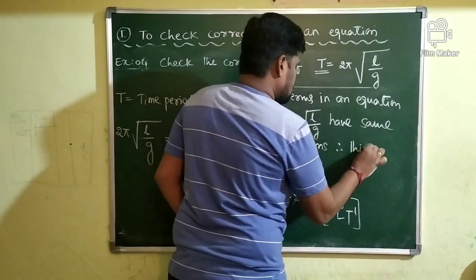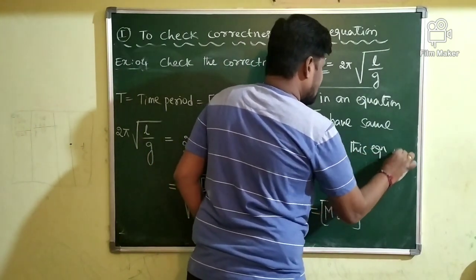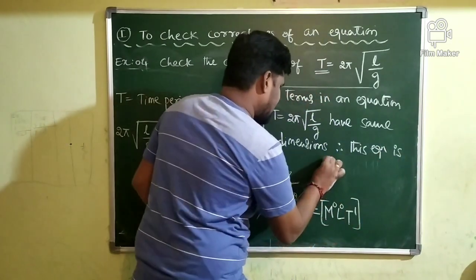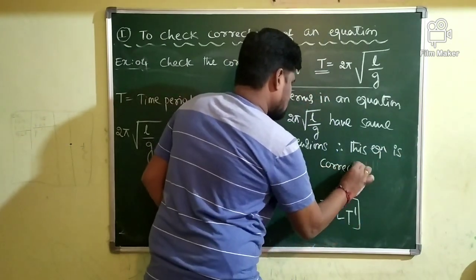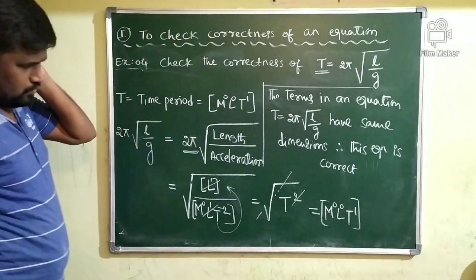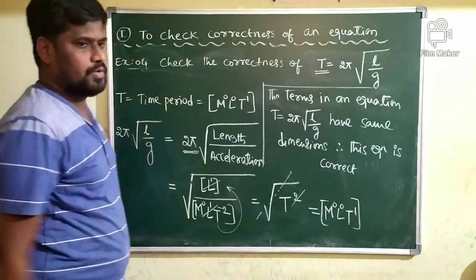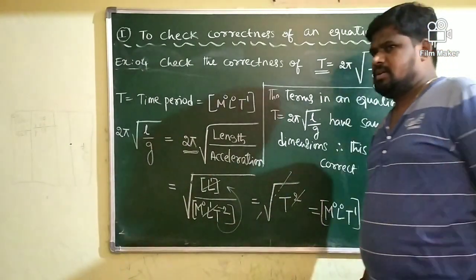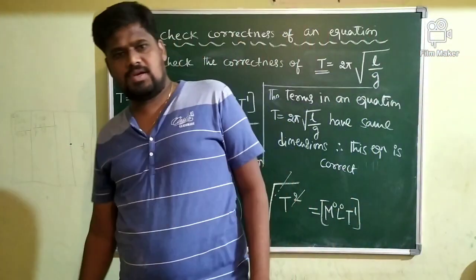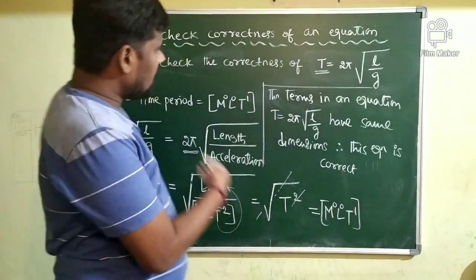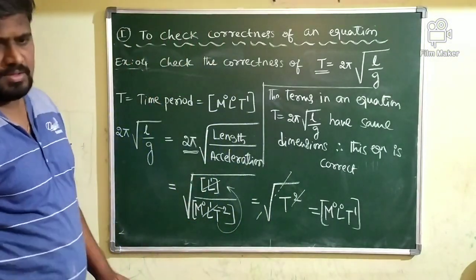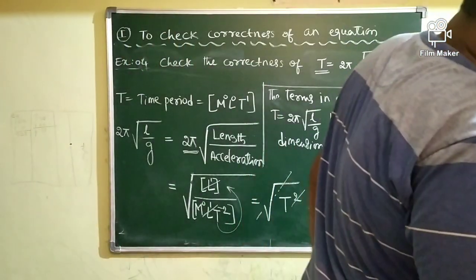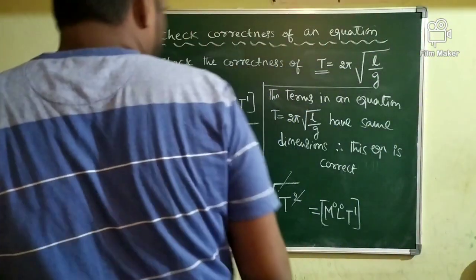Therefore, this equation is correct. So, this is the conclusion. This is how we check the correctness of the given equation. Okay? I will go for the next example.